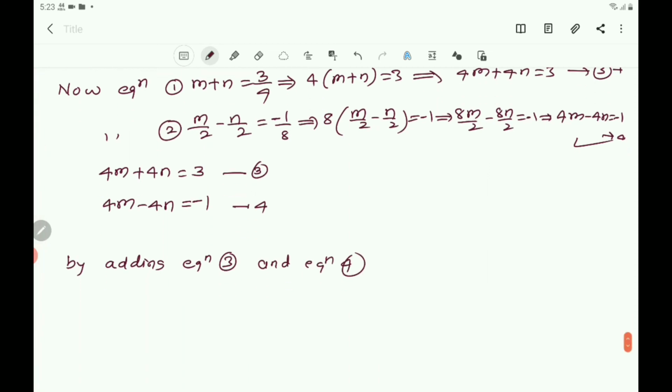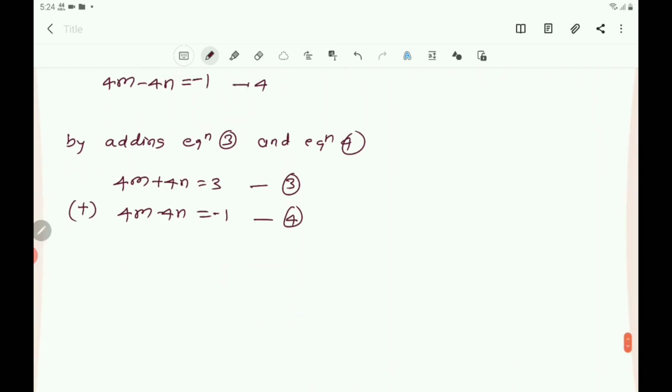So it becomes 4m plus 4n equals 3 plus 4m minus 4n equals minus 1. This is third. This is fourth here. So you take, this is the third equation. This is the fourth equation.